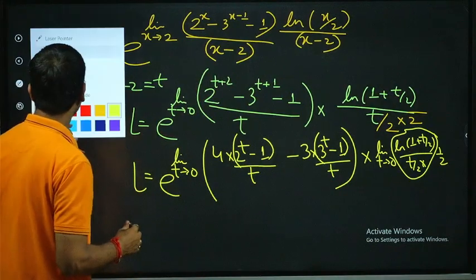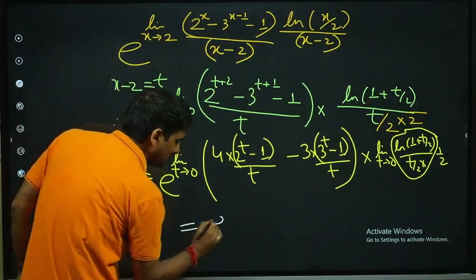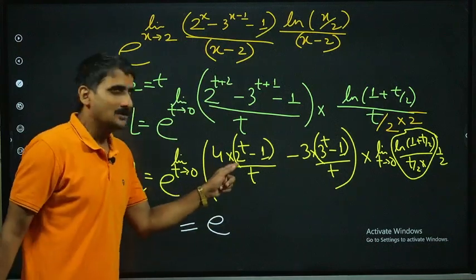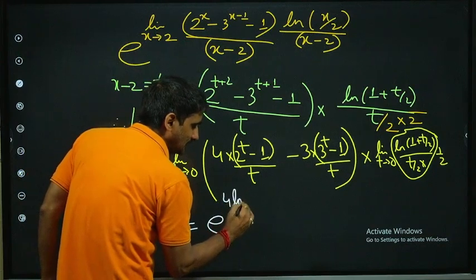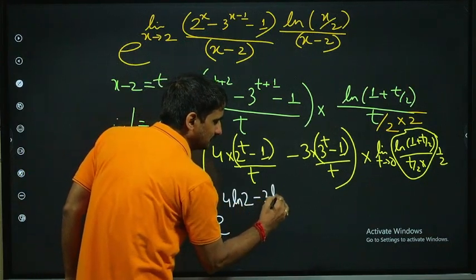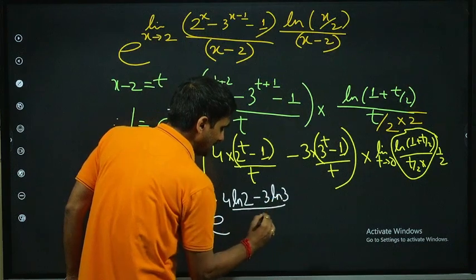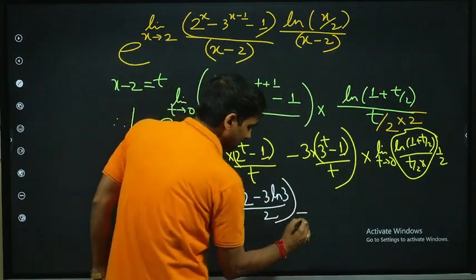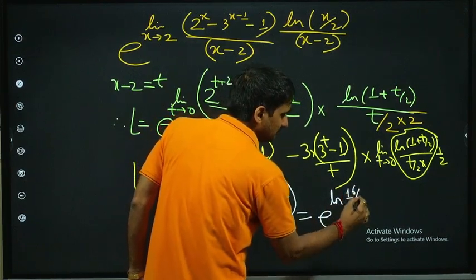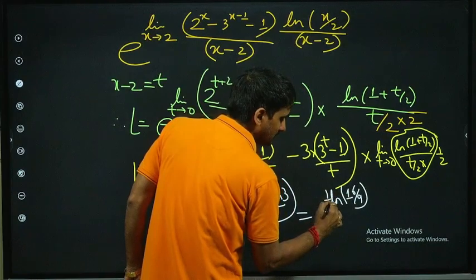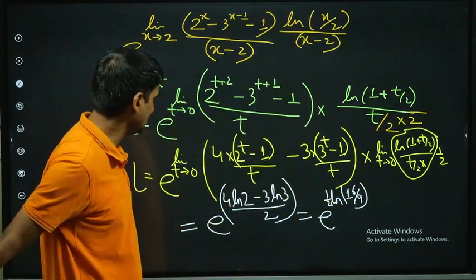Now let us put the value of the limit. So e raised to the power, as t approaches 0, it's 4 times ln 2 minus 3 times ln 3, by 2 here. So it's e raised to the power ln(16/9)/2. So I will take 2 to the inside.